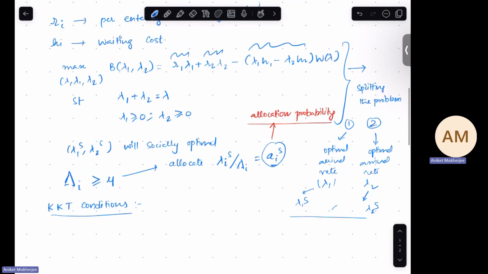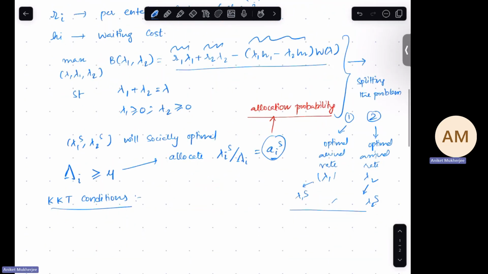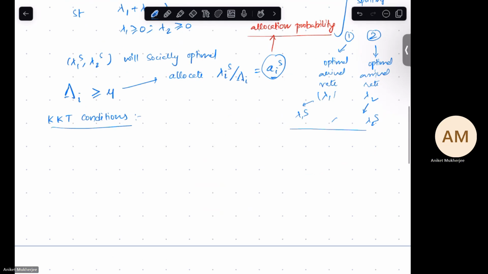First we'll try to find the derivative with respect to lambda 1. Your objective function B(lambda 1, lambda 2) is R1 lambda 1 plus R2 lambda 2 minus (lambda 1 H1 plus lambda 2 H2) W(lambda).